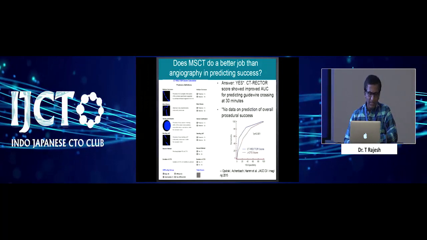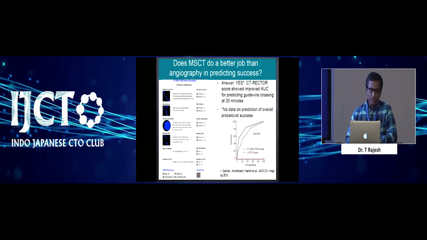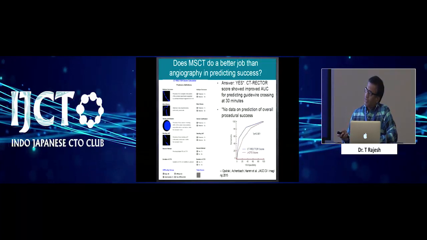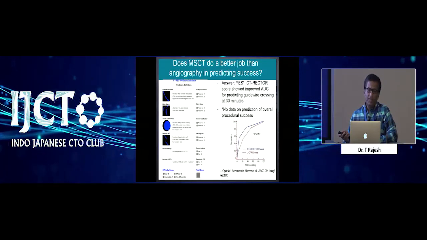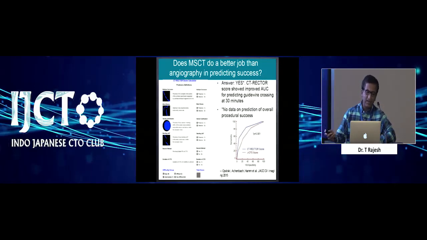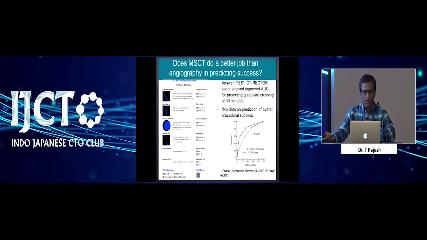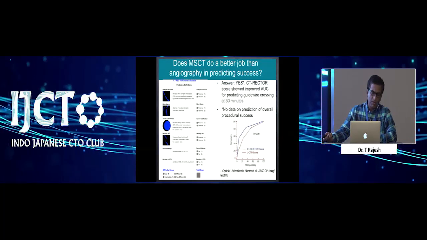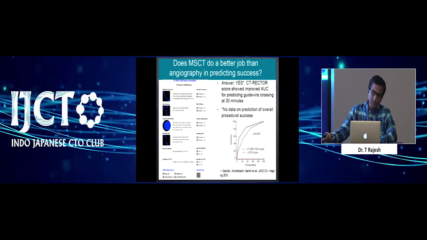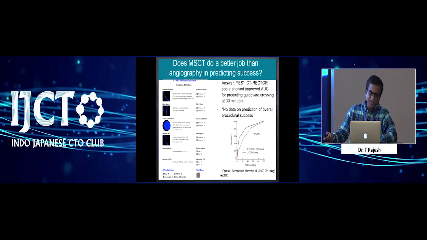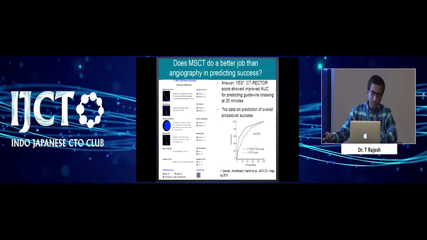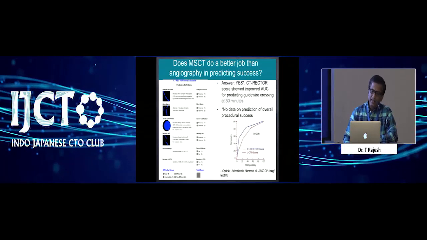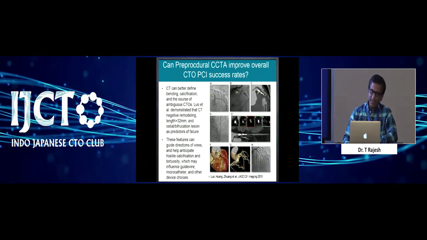So a lot of investigators developed what is called the CT RECTUS score, based on multiple occlusions, the presence of a blunt stump, calcification, bending more than 45 degrees, a previous attempt or not, and the duration of CTO. This was compared against the JCTO score, and they found the CTO RECTUS score had greater sensitivity in predicting the success of guidewire crossing within 30 minutes.